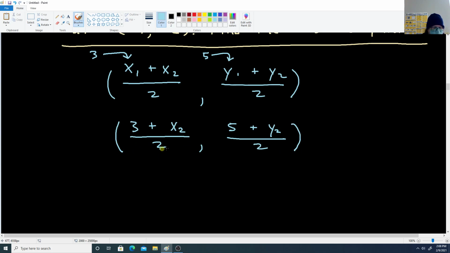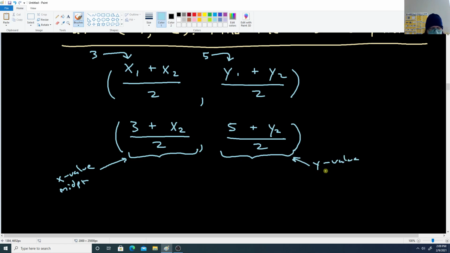Now, this is supposed to be the x value of the midpoint, and this is supposed to be the y value of the midpoint. So this whole bit here, this is the x value of the midpoint, and this whole bit right here, that's the y value of the midpoint.